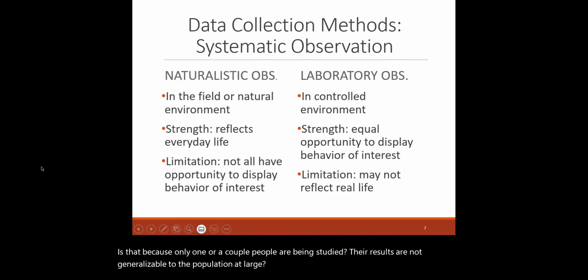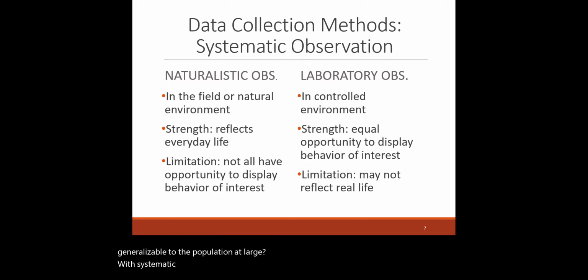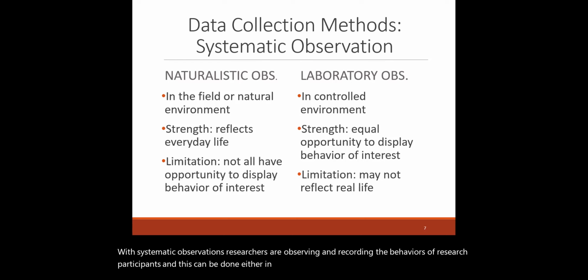With systematic observations, researchers are observing and recording the behaviors of research participants. And this can be done either in a natural setting or in a controlled setting. So this is where we get naturalistic observations and laboratory or controlled observations.